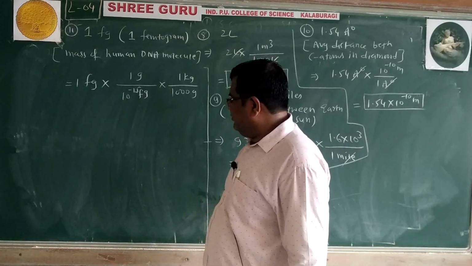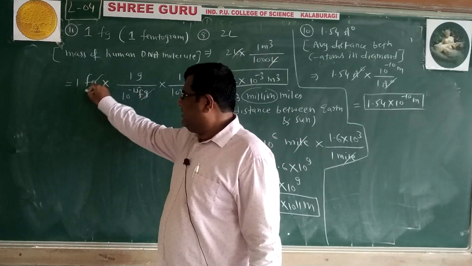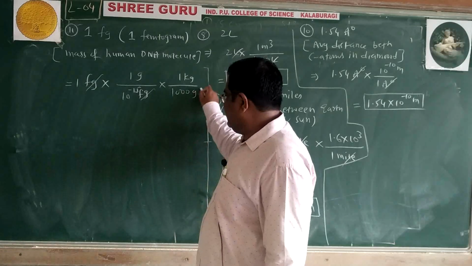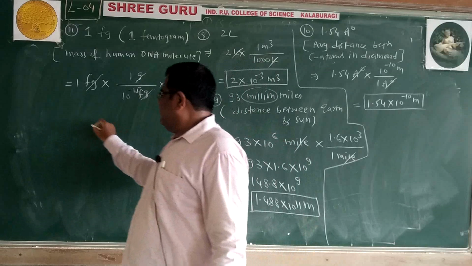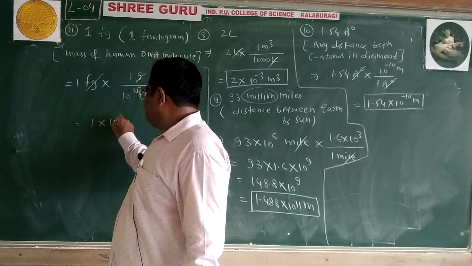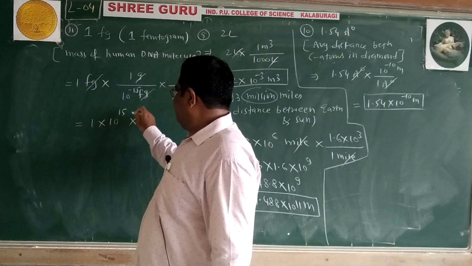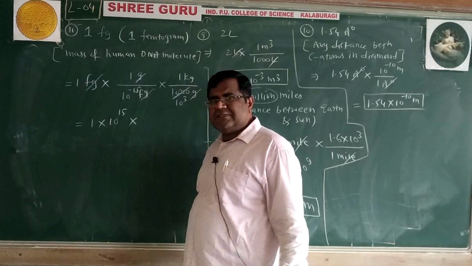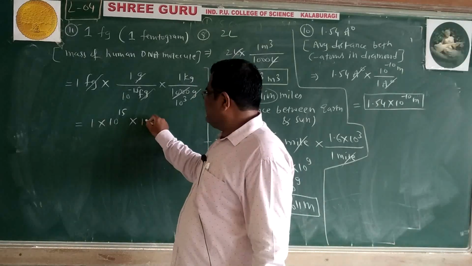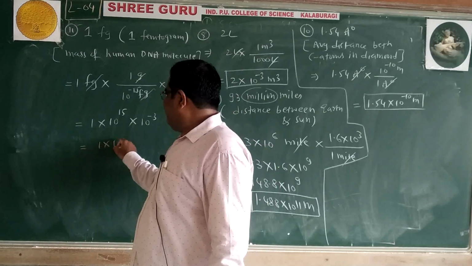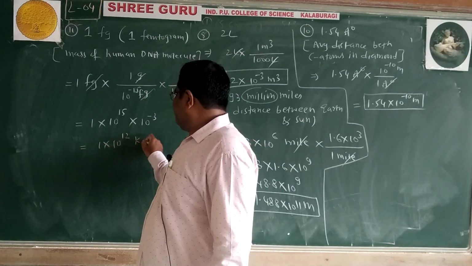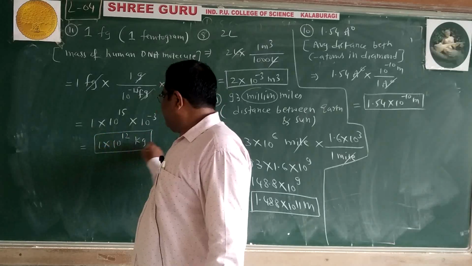We want to convert that into kilogram. This femtogram we can cancel, this gram we can cancel, this is plus 3. So what we have now? 1 into 10 raised to plus 15. This minus 15 becomes plus 15. And this plus 3 becomes minus 3. And that's why we can say 1 into 10 raised to plus 12 kilogram.